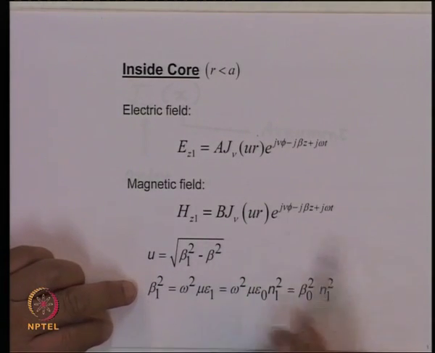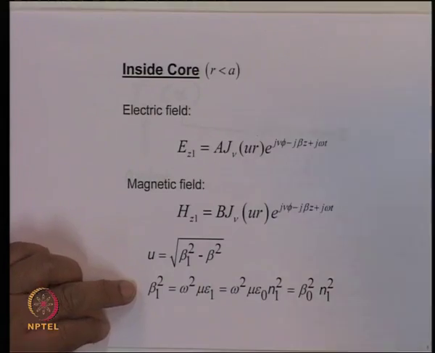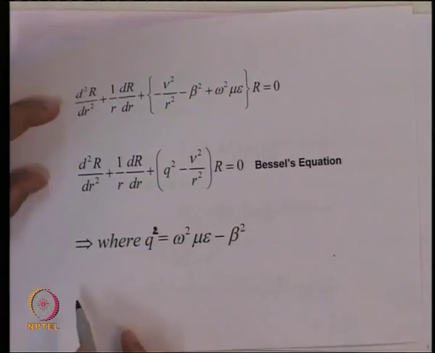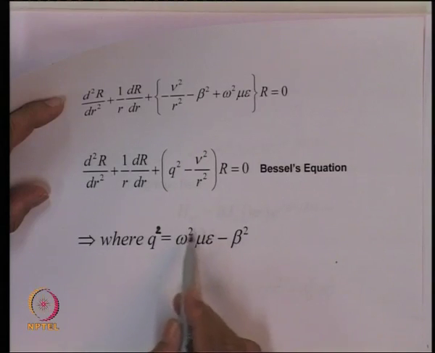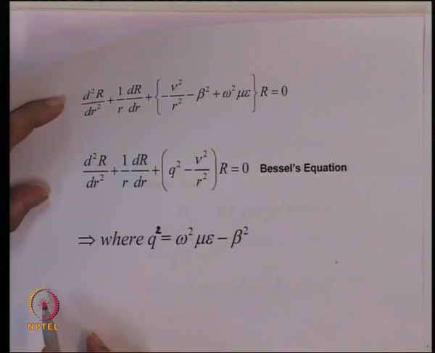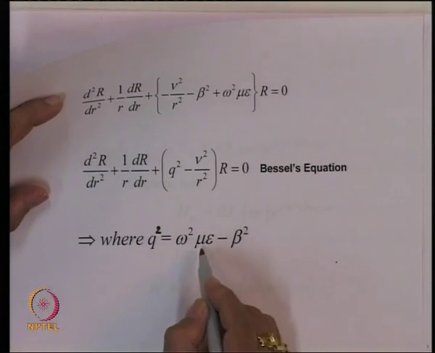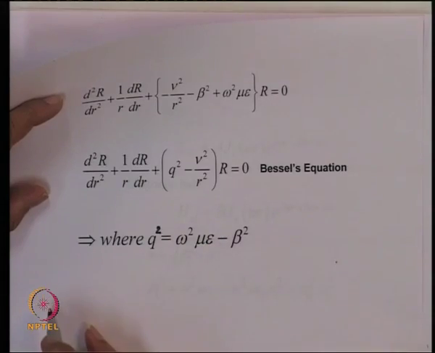And now, since Q has to be real, this quantity has to be greater than this, and for the core, the epsilon is epsilon 1.